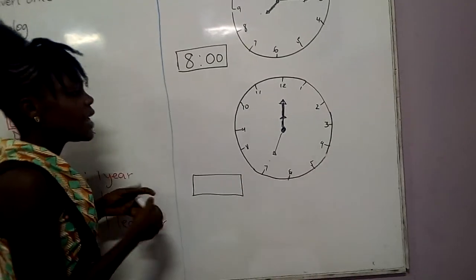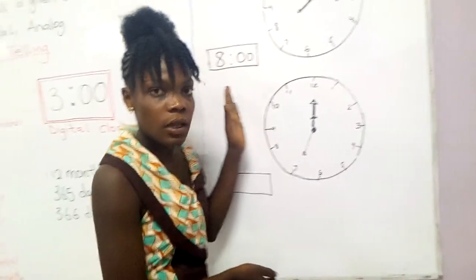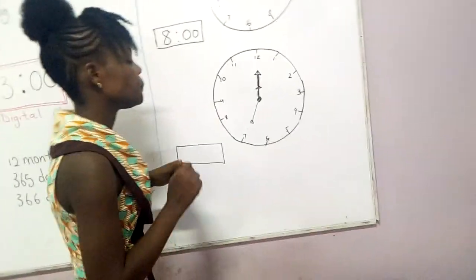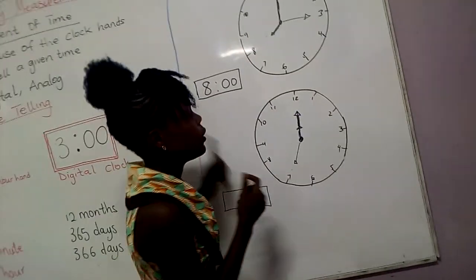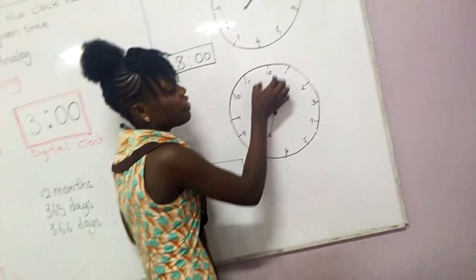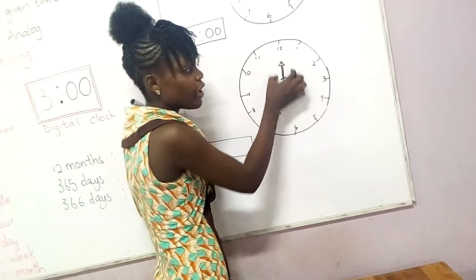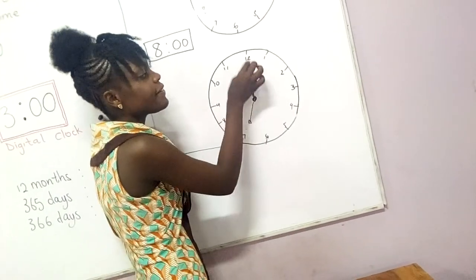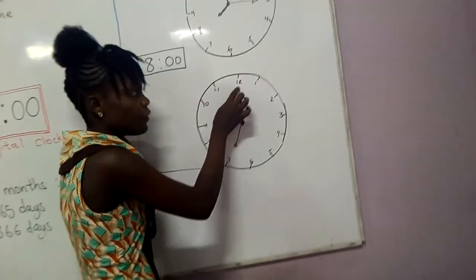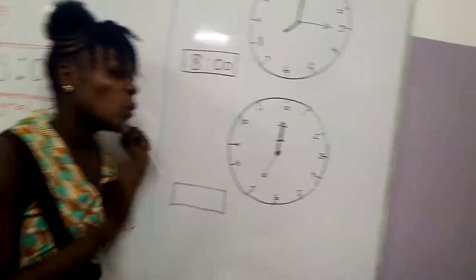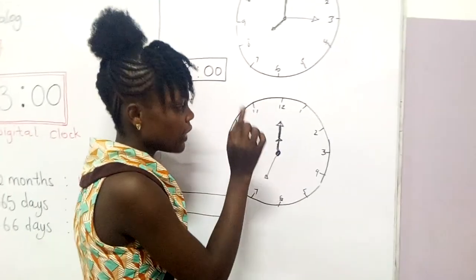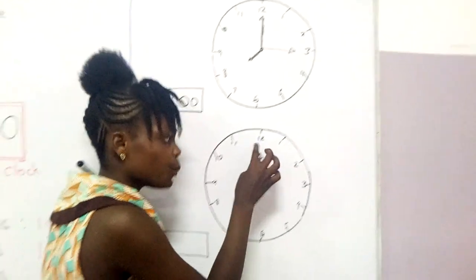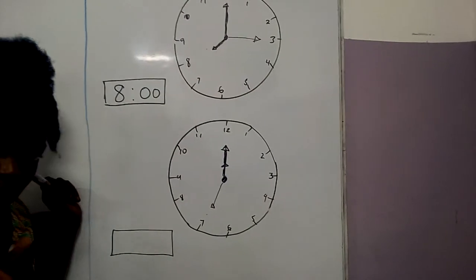Now, let's come to our next clock. On our next clock, you can see that we have the thick long line, and then the short thick line on the same number, that is 12. I said when the long thick line is on 12, it is whole clock.